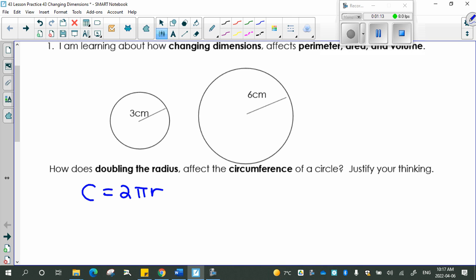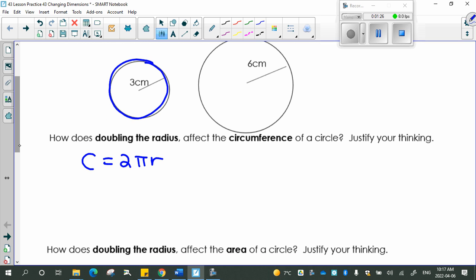Okay, so let's do it for this circle. So 2 times pi and our radius is 3. And then you've got to be able to put that in your calculator, right? So you tell me what it should be, and make sure everybody can get that on your calculator.